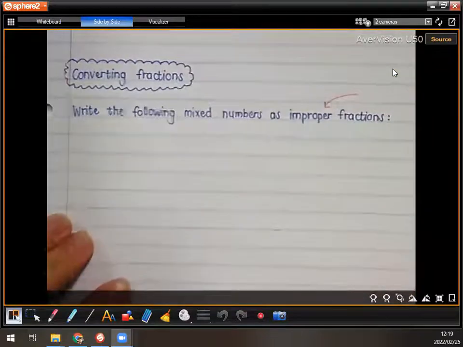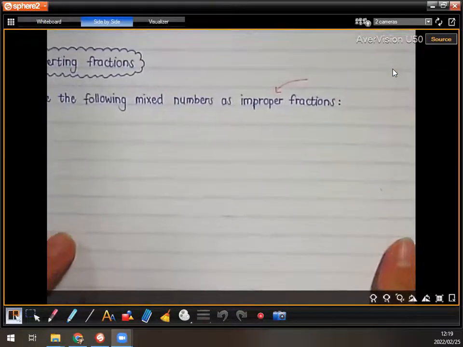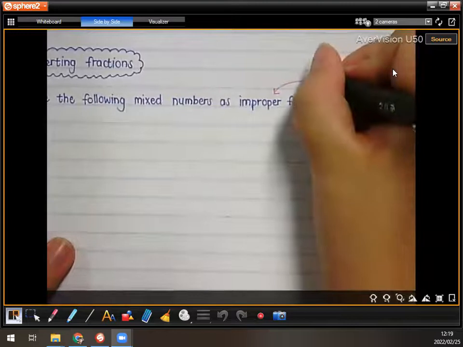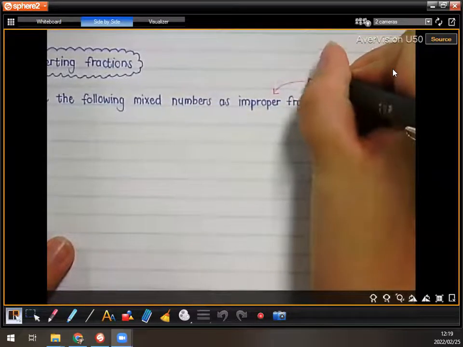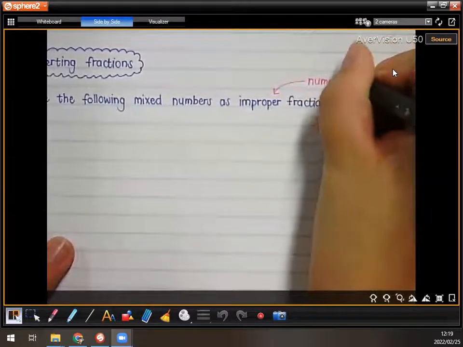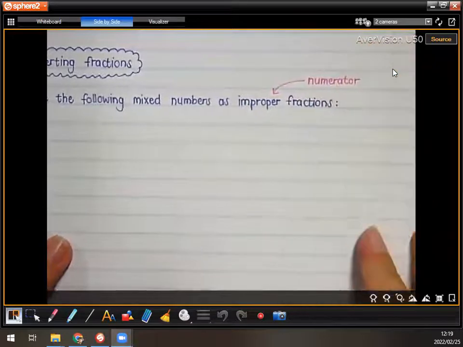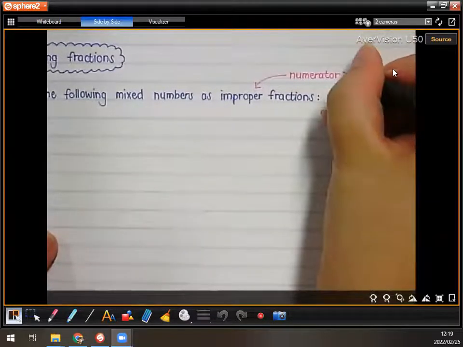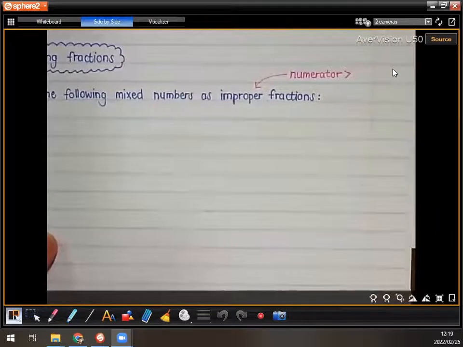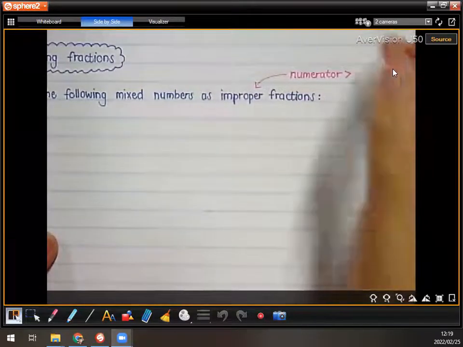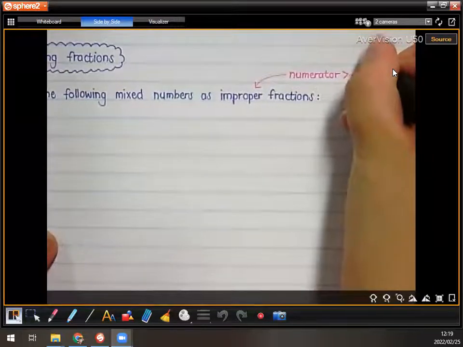And guys, I'm going to show you some mathematical terminology. There's a symbol as well. So we're going to say the numerator, and instead of writing is bigger than, I'm going to use the greater than symbol. Have you seen that before? Greater than.